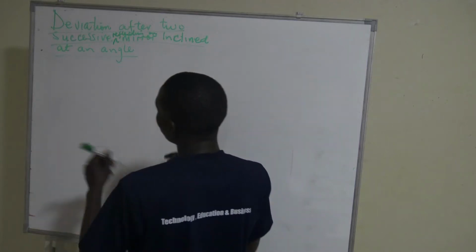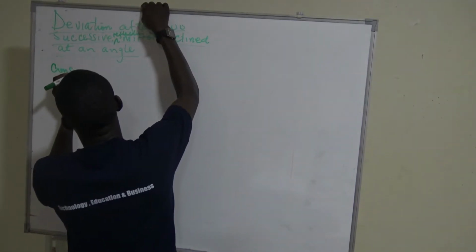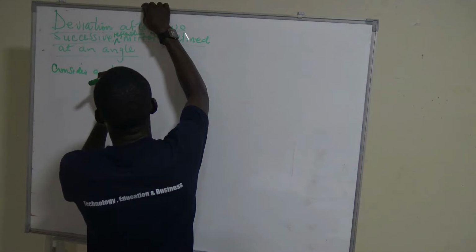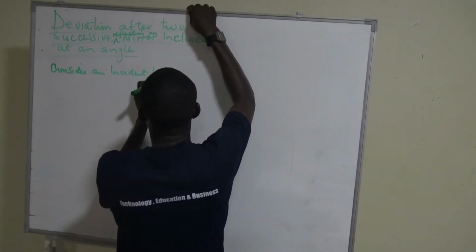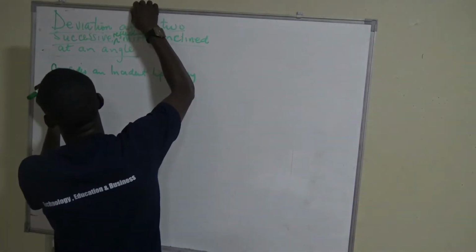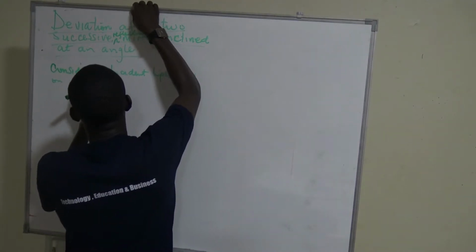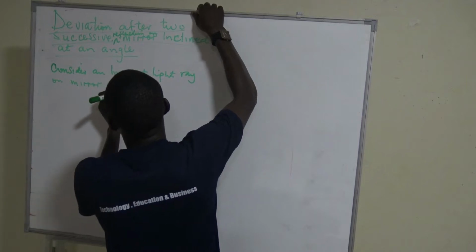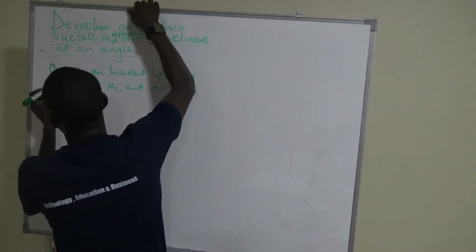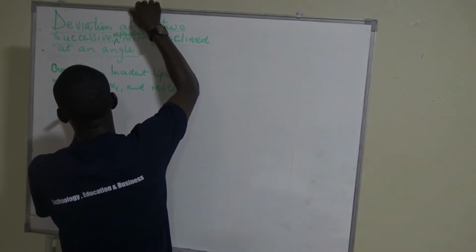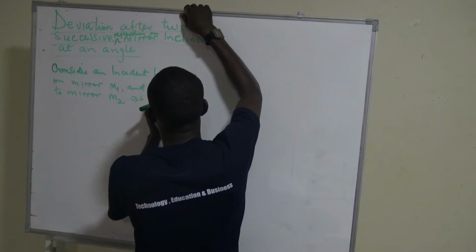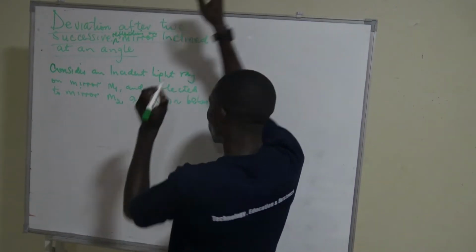Then let's consider an incident light ray on mirror M1 and reflected to mirror M2 as shown below. Is that okay?